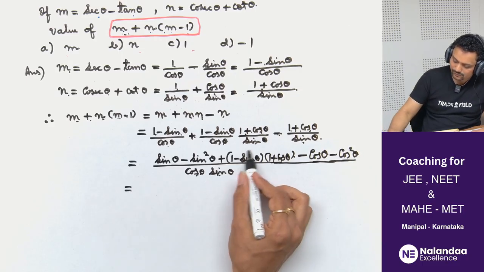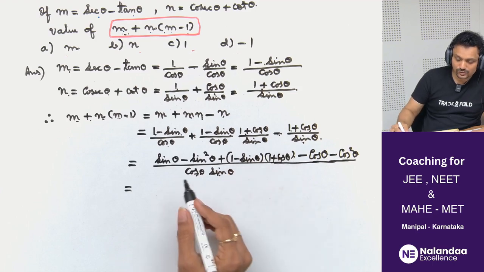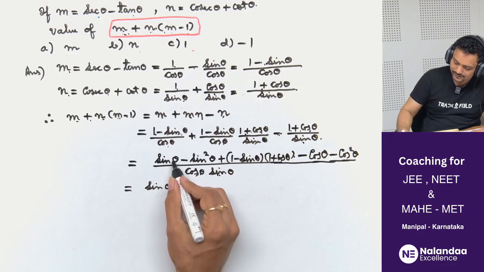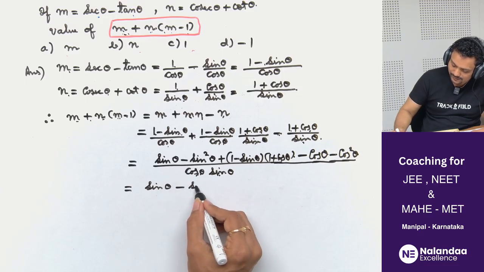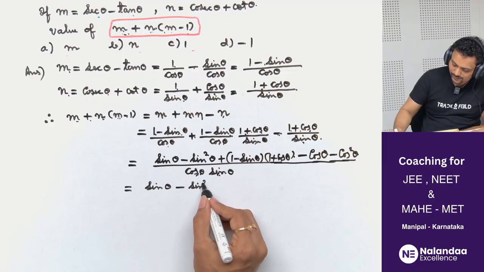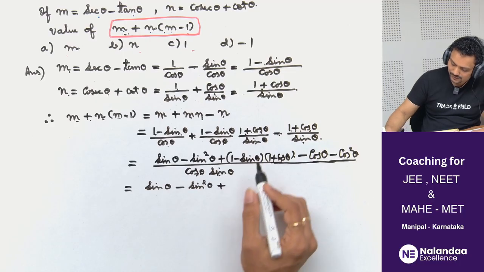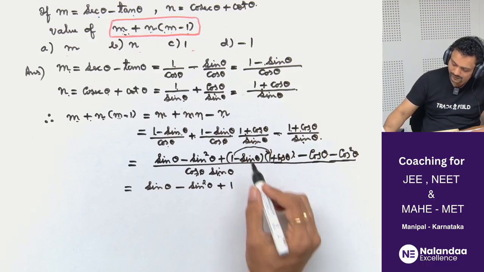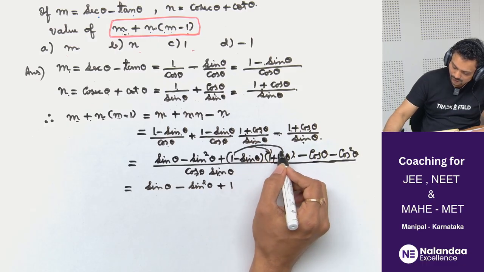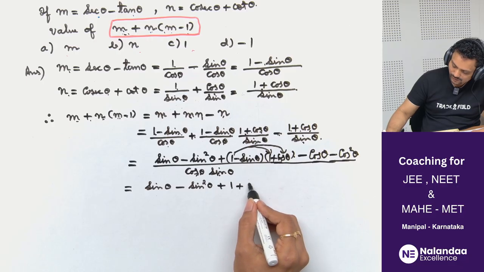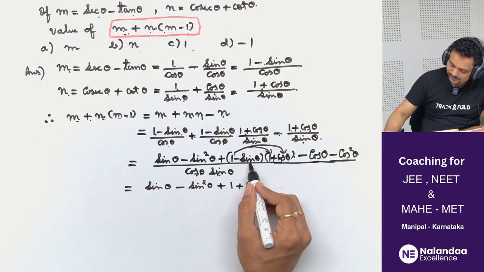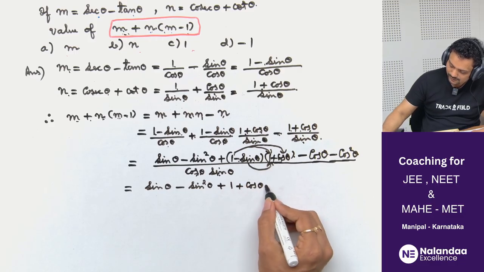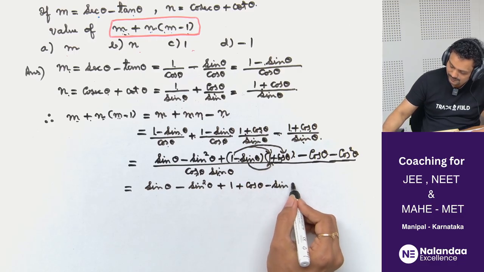Okay students, here I have to open a small bracket. Let me write the other terms as they are: sin theta minus sin square theta plus. Now let me use the distributive law. So 1 into 1 will be 1. Then 1 into cos theta will be cos theta. Then minus sin theta into 1 will be minus sin theta.